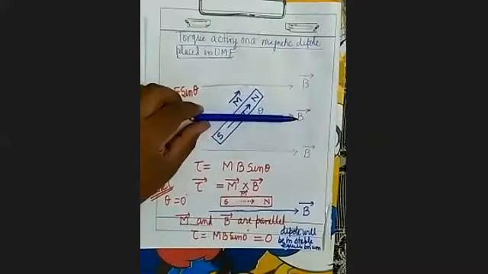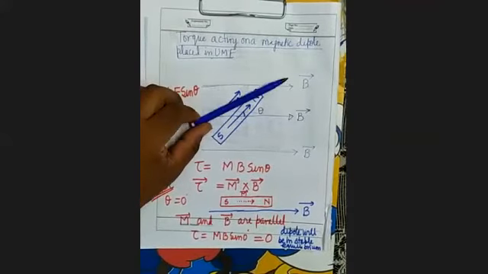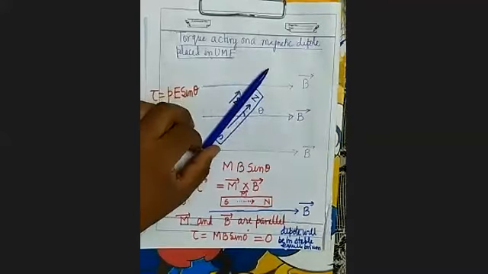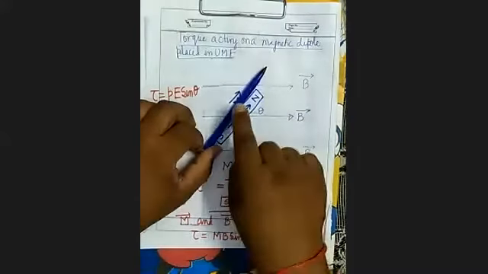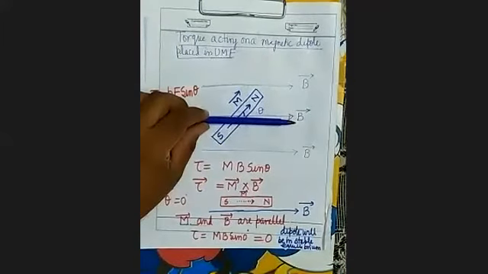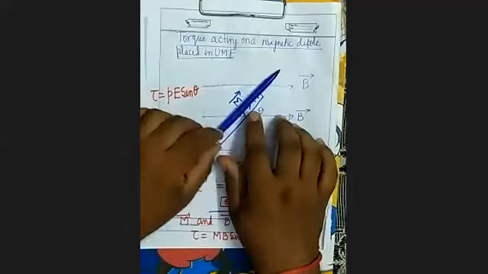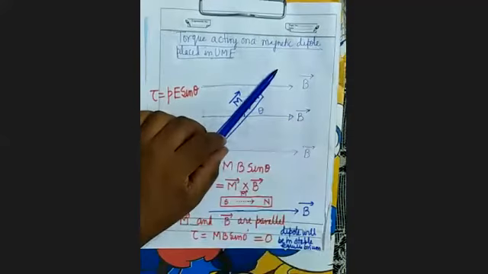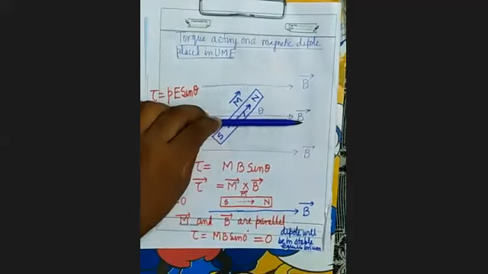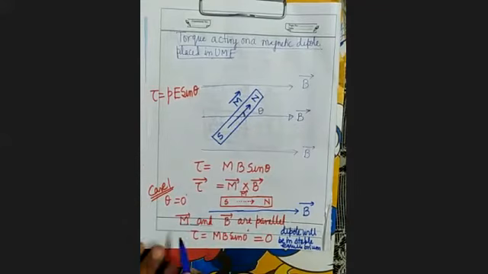Now you apply some torque upon it and rotate it. What will happen? It will come to the new position. But as soon as you remove the torque, it will come back to the original position. Is that clear? Means on applying the external torque, the dipole comes into a new position. On removing the torque, once again it will return to the same position. So this is the stable equilibrium when vector M and vector B are parallel.